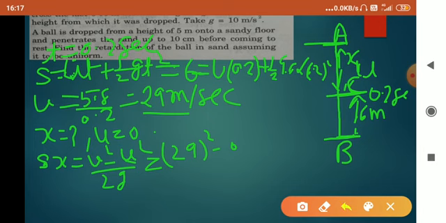Now find the retardation of the ball in sand. We have to find the retardation of the ball in the sand.